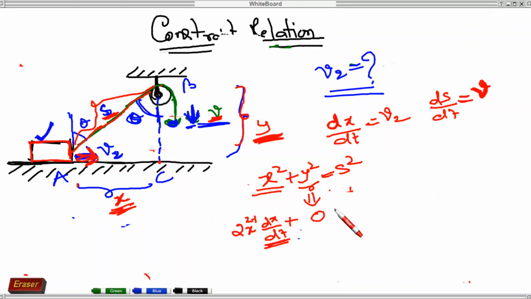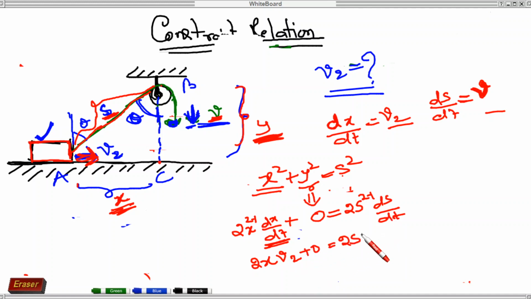Then 2s raised to the power 2 minus 1, ds over dt. Substitute v2 and v here. This will be 2x times dx over dt, which is v2, plus 0, is equal to 2s times ds over dt, which is v.